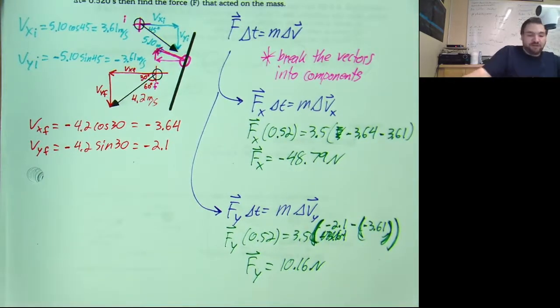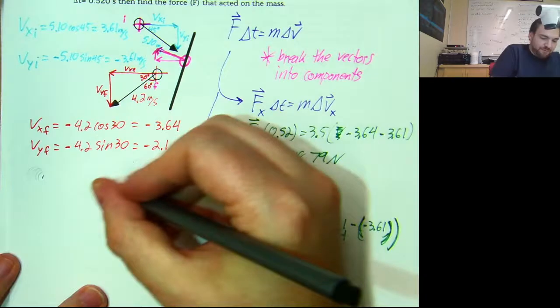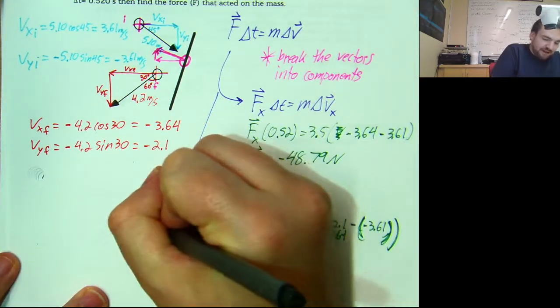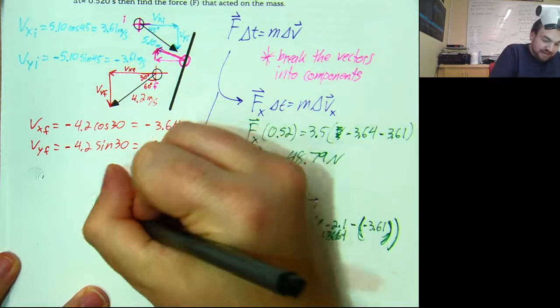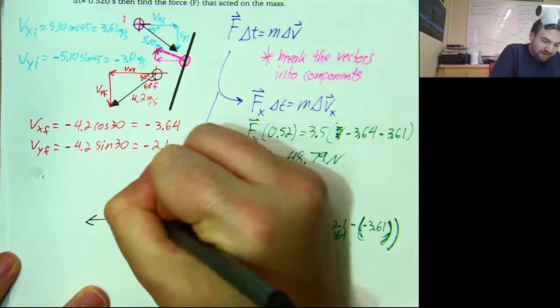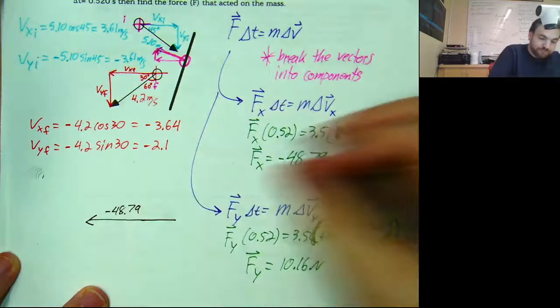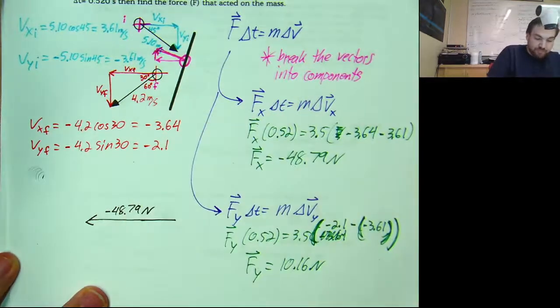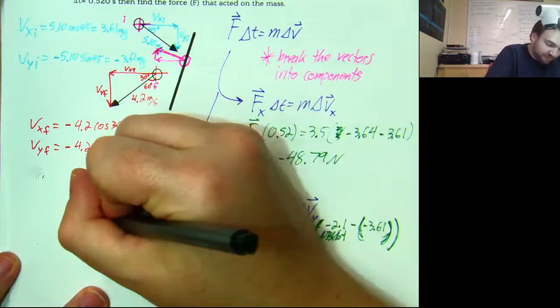So I'll redraw it down here. The force diagram looks like this. Fx is negative 48.79, and Fy is 10.16.